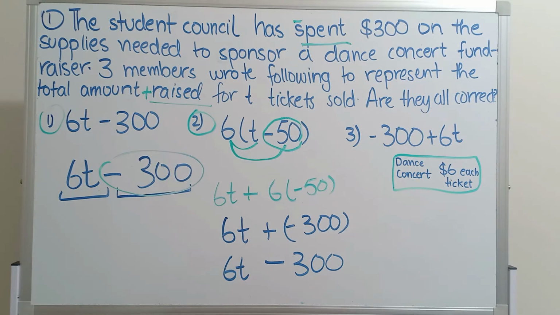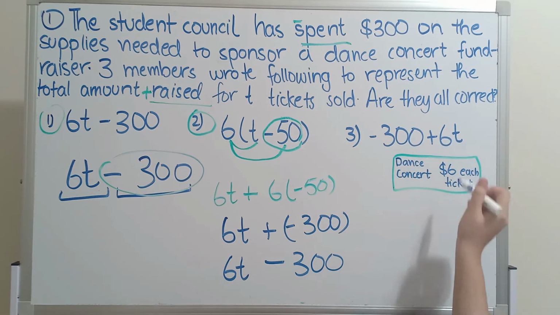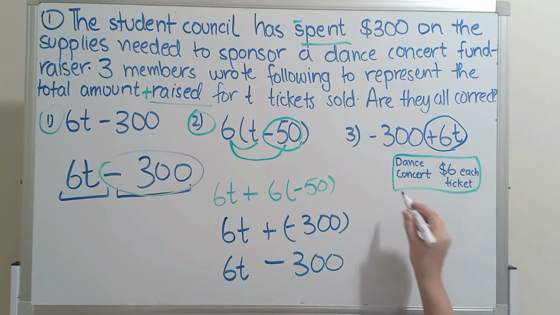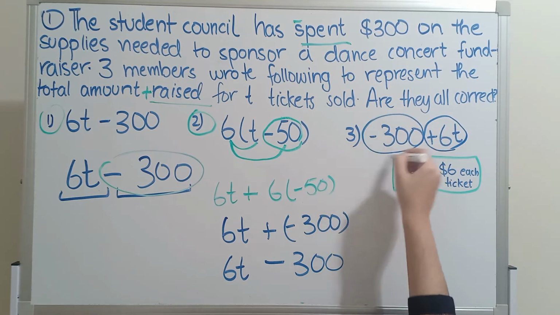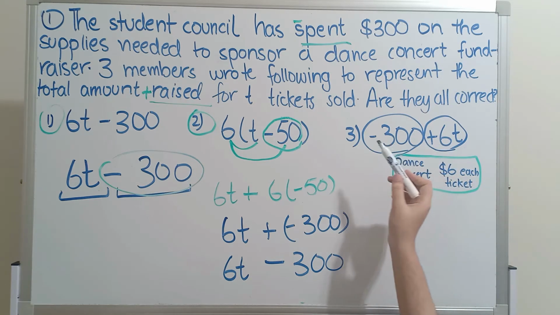Now we have the third one here, which is negative 300 plus 6T. Here, we need to see if this is also the same. The way we can do it, we can change the place of these numbers. So negative 300 plus 6T, or we can put plus 6T first and then negative 300. Be sure that you put plus 6T, that's the whole term, and negative 300.